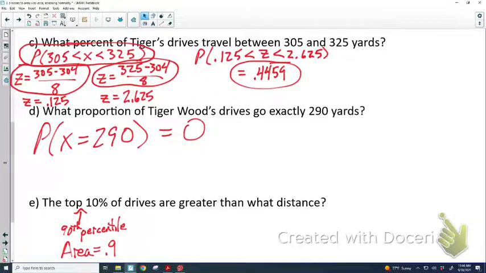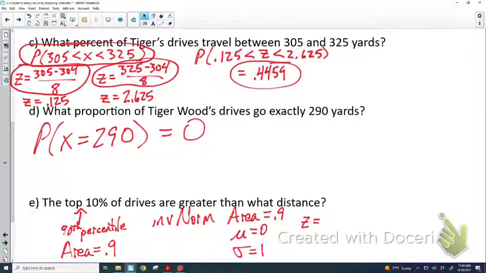So I need to use inverse norm and type in an area of 0.9. Leave mu and sigma alone. I realize it's tempting to change those, but leave them alone. And that's going to give us a z-value. And I believe we already actually found that z-value at the very beginning of the video. You get 1.28.